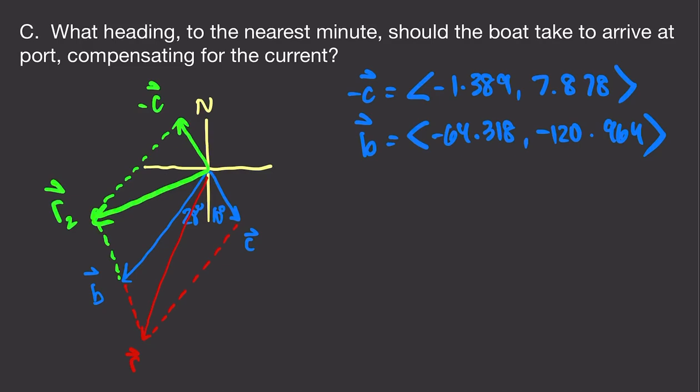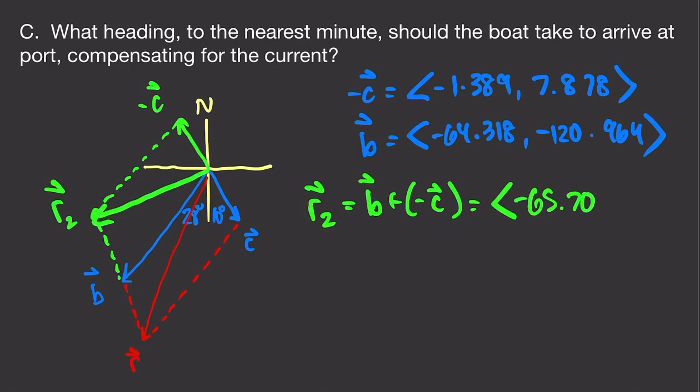So now to get this R2, resultant 2, I'm going to take my boat vector plus the negative current vector. If I do the math on that, I got negative 65.707 and negative 113.086.